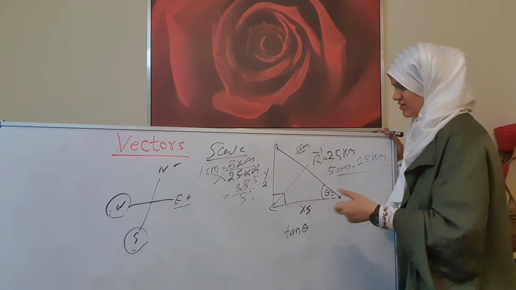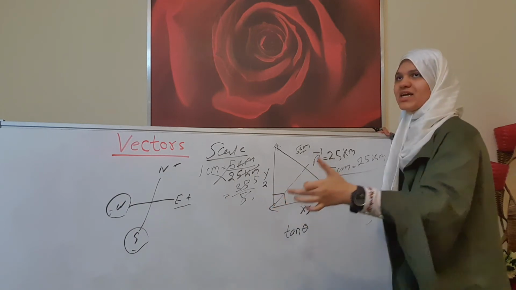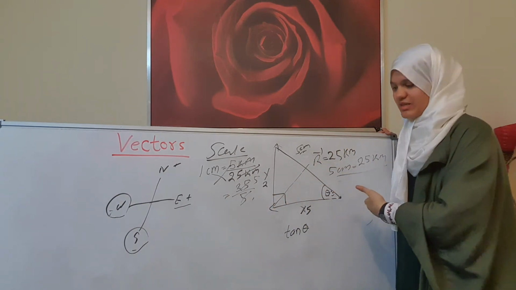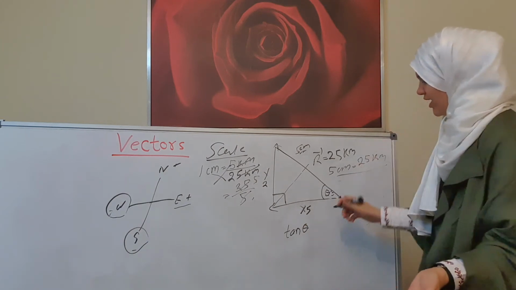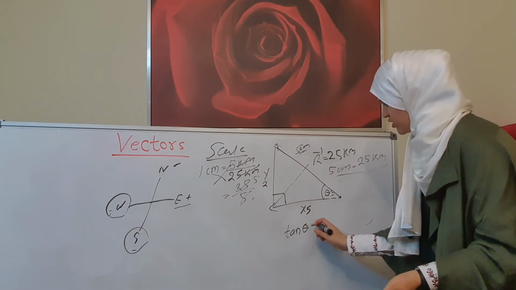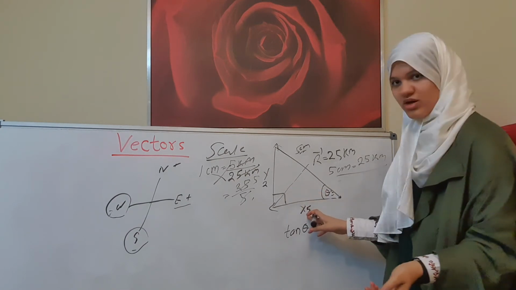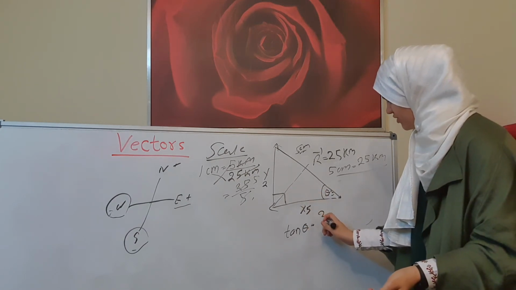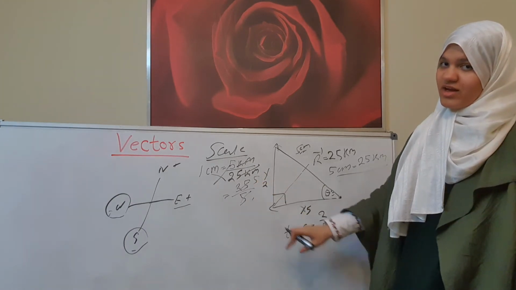You could also find the degree using the hypotenuse, like sin theta is equal to that. But first, solve it by tan. Now tan theta is equal to what? Tan theta is equal to 2 over 5, because opposite over adjacent.